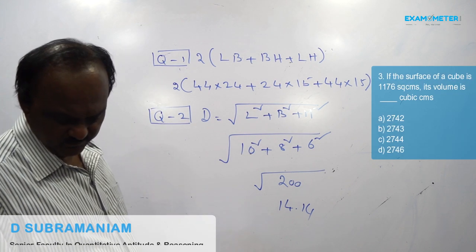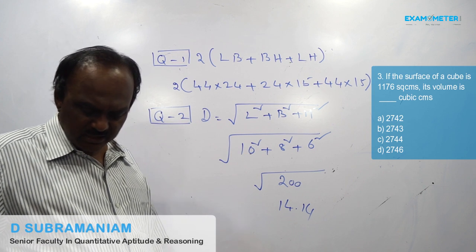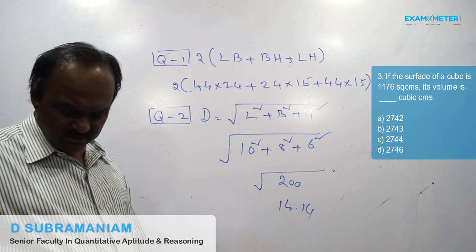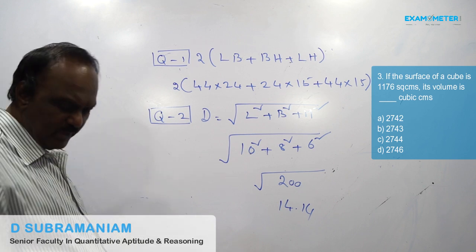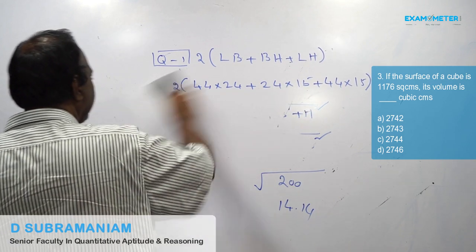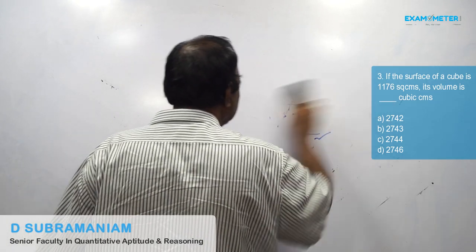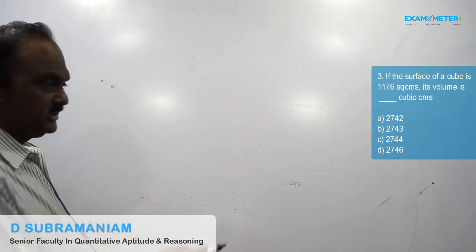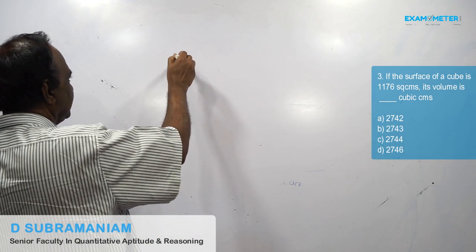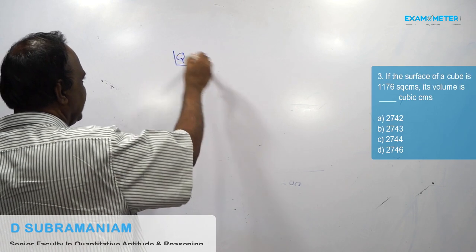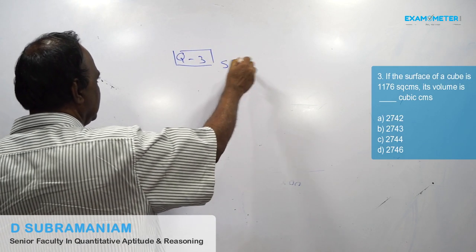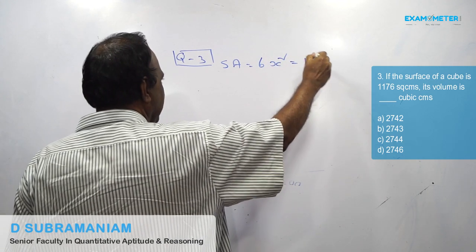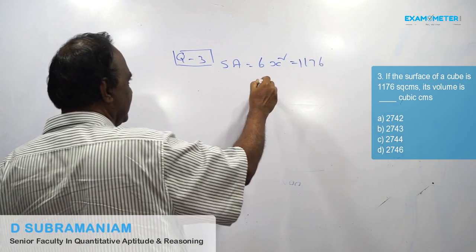Question number 3. If the surface area of a cube is 1176 square centimeter, its volume is how many cubic centimeters? Surface area is 6x square, given as 1176.